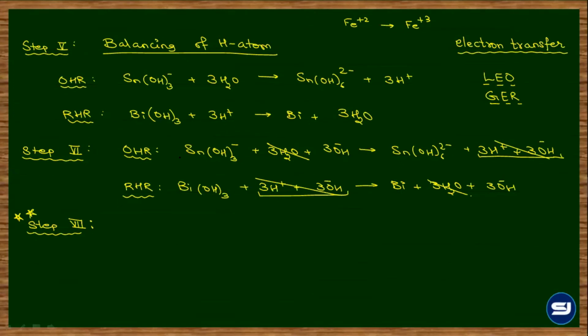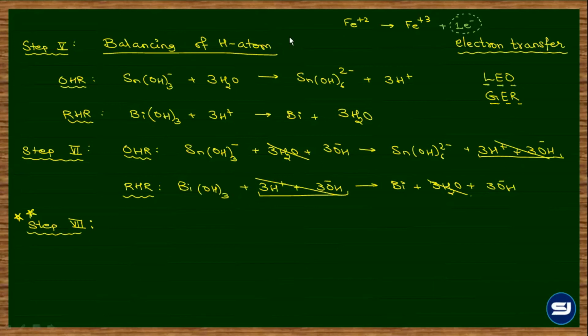Add 1 electron on the right-hand side. Why? Because this plus 2 charge would be balanced by plus 3 with the loss of 1 electron. And this 1 electron on the right indicates the loss of the electron, and that loss further confirms that this is an oxidation reaction.